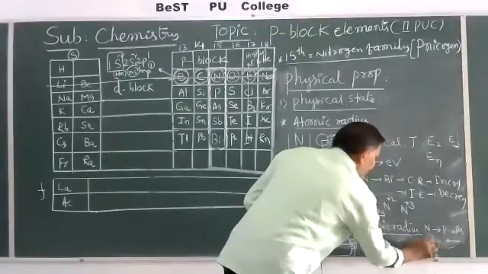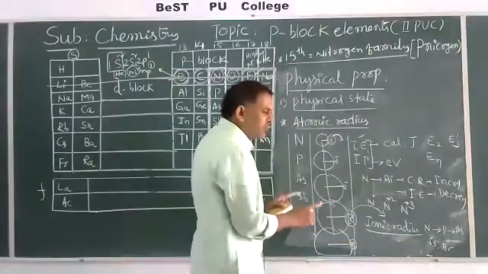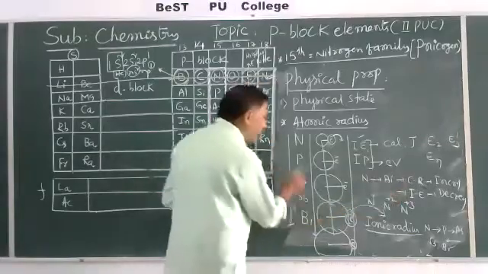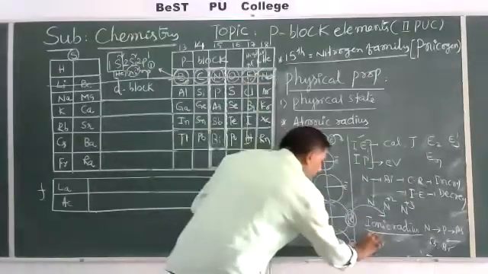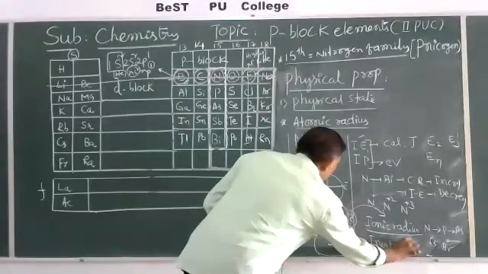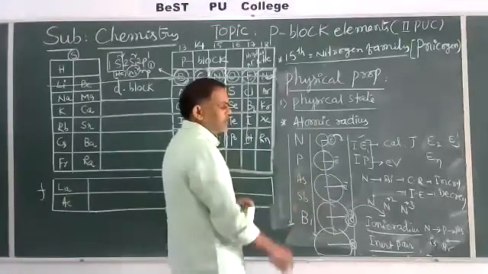For Sb and Bi, the ionic radius increases with somewhat slight variation. That is due to the inert pair effect. What is the inert pair effect? I'll continue tomorrow in the next class and explain the inert pair effect.